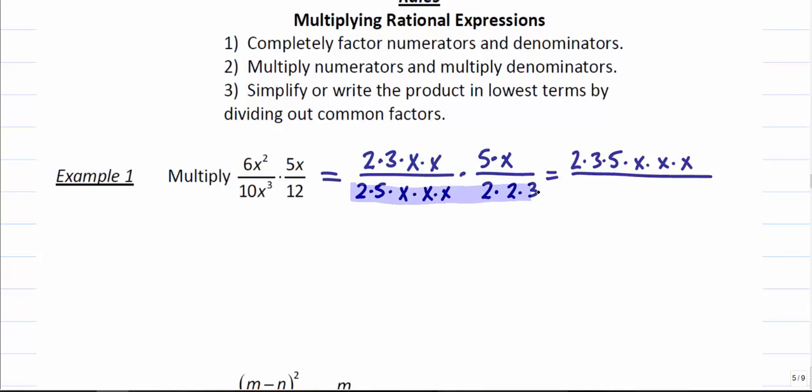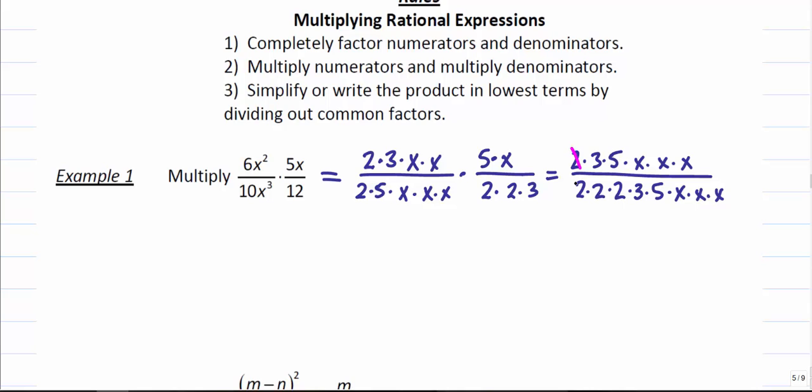I'm going to take these things and reorder them: 2 times 2 times 2 times 3 times 5. So notice all I'm doing is getting my numbers in order, right? Just because I'm an orderly type person when it comes to math. And then my x's.